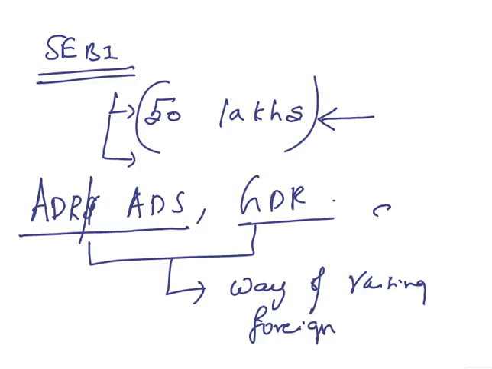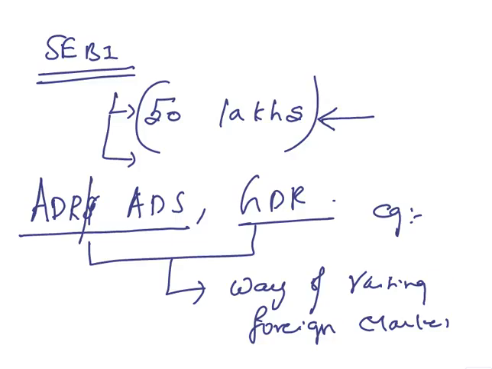In India, Infosys is one such company to do this for the first time. They issued ADR, and a few other companies like MakeMyTrip.com also issued equity, mostly in the American market in the form of ADR. So it is a way of raising money in the foreign market. What happens in American depository shares or receipts?